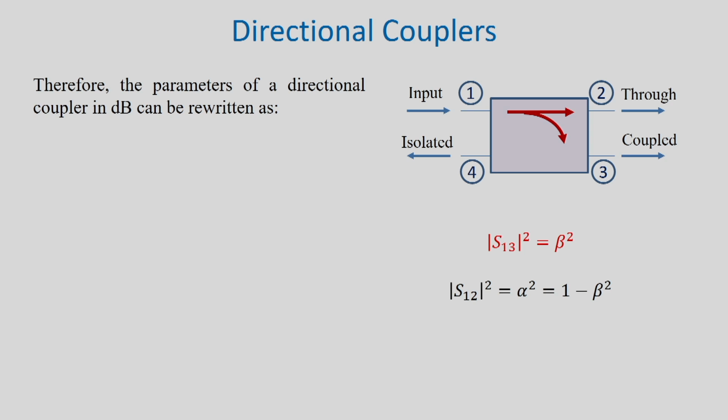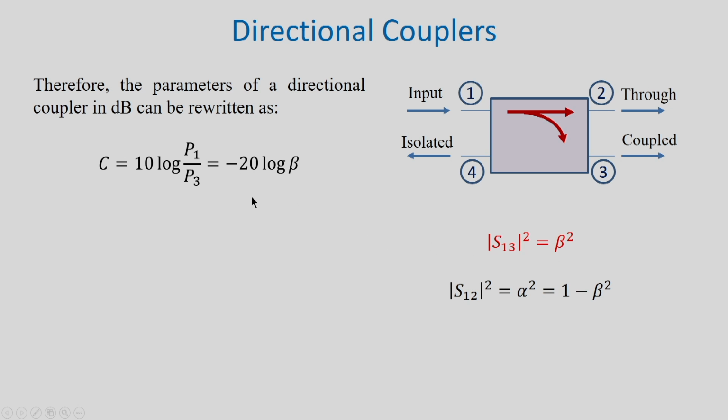And we can write the parameters of the directional coupler in dB as, now C becomes the coupling 10 log P1 by P3, and P3 by P1 is mod S13 square, which is beta square.